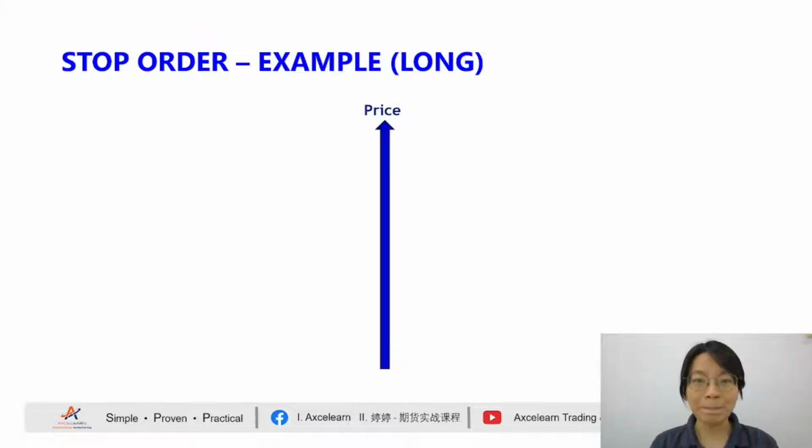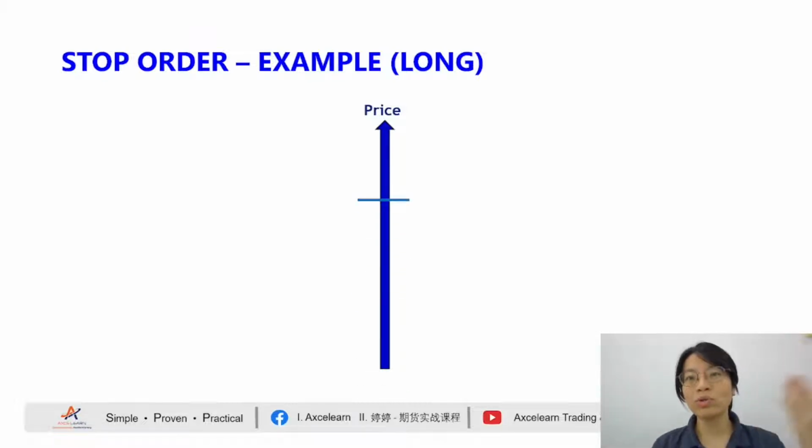Throughout my years of teaching, I find that it's really very easy for people to understand. Many participants were able to absorb this method easily, and I hope that in the future, if you do not know how to place stop orders or stop limit orders, you can use this example.